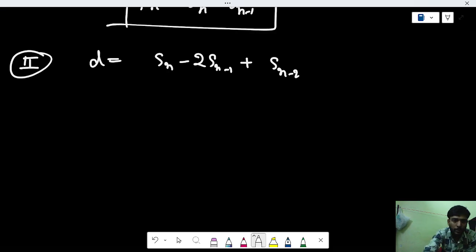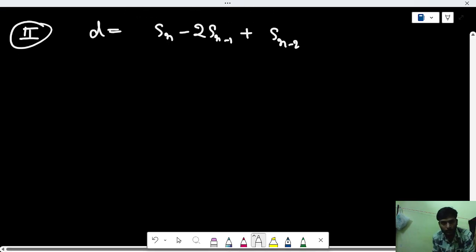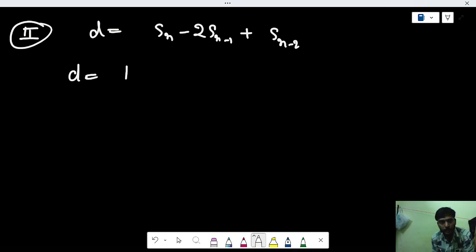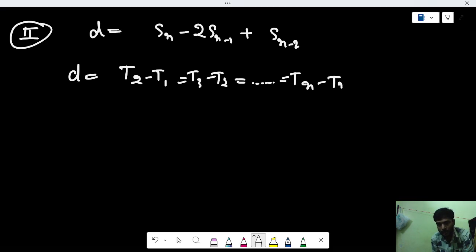We know that the difference between two consecutive terms, let us suppose t2 − t1 = d, and t3 − t2 = d, and similarly tn − tn−1 = d.